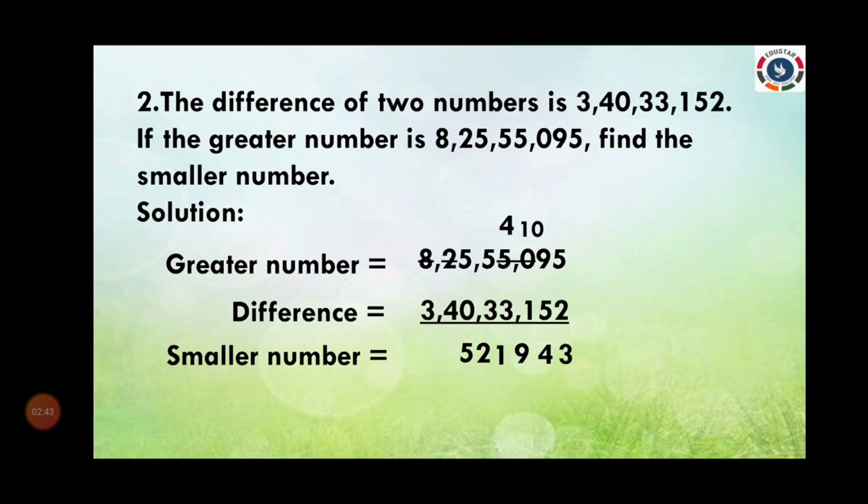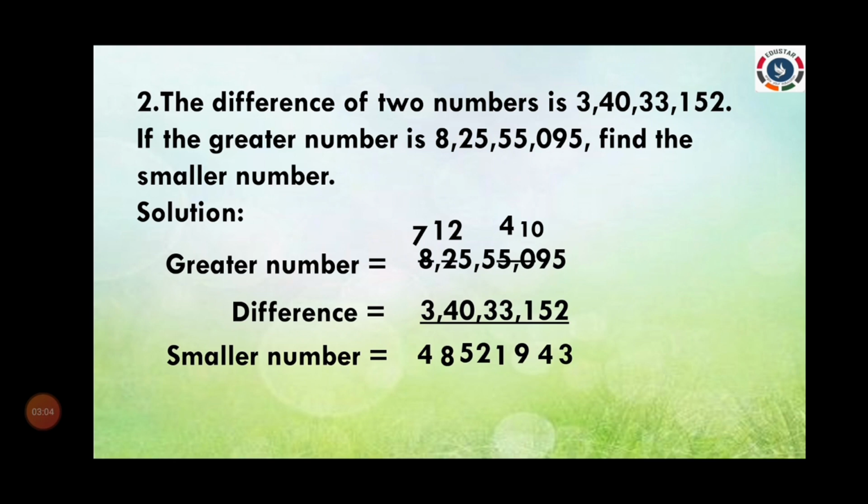So the 2 gets 1 from 8. So the 8 gives 1, so it becomes 7. That 1 moves to the next number, so 2 becomes 12. Now 12 minus 4, how much? As 8. And 7 minus 3, how much? As 4. So this is the answer for the smaller number.